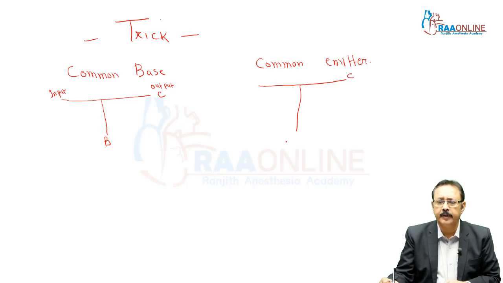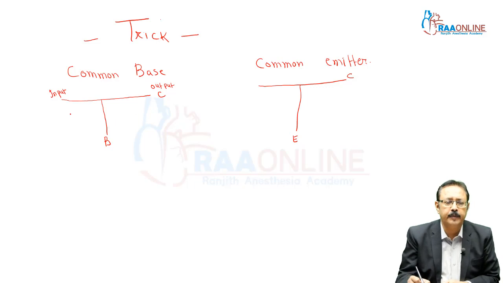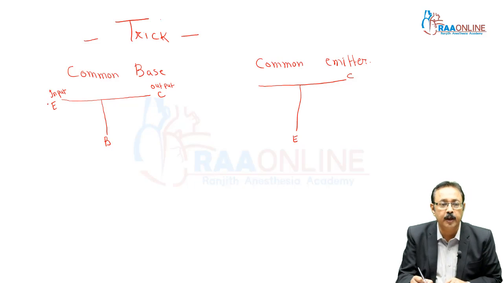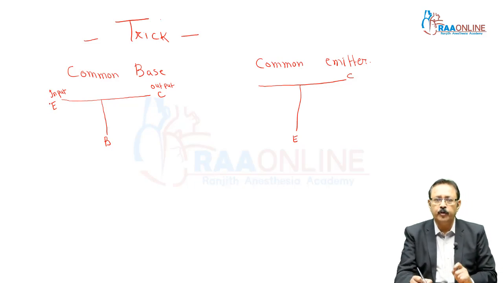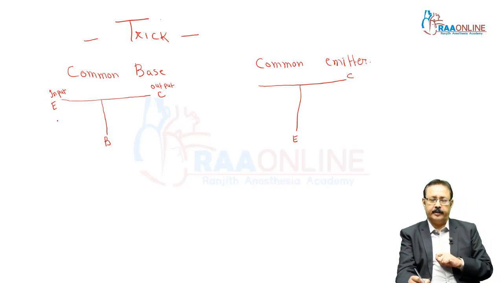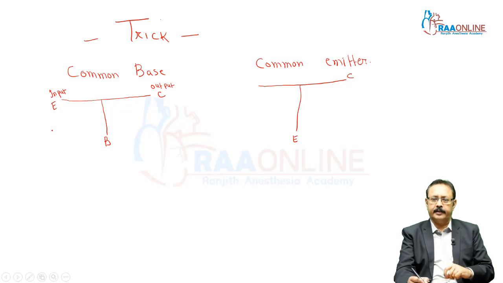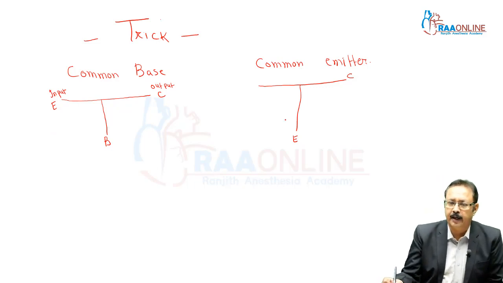Common emitter means emitter is common. So what is remaining? In this case, collector and base both are used. So remaining is emitter, meaning emitter is playing the role of input. Input voltage means voltage of emitter. Input resistance means resistance of emitter. Output is always collector. In this, C and E are used.